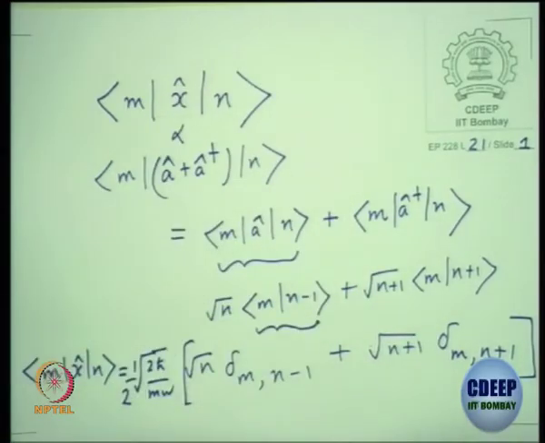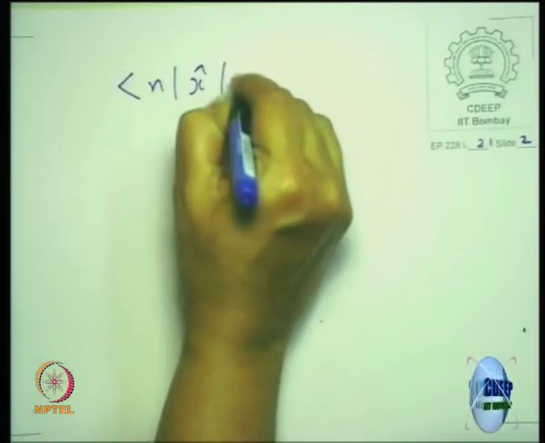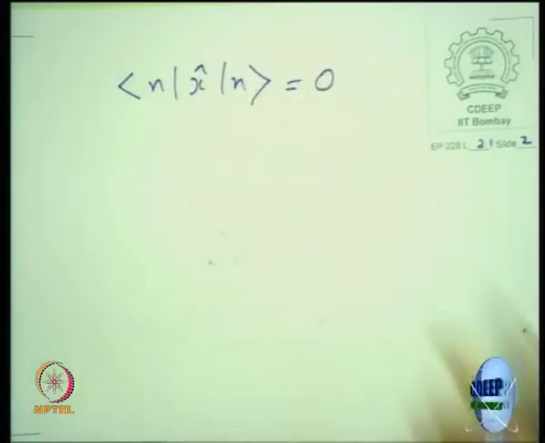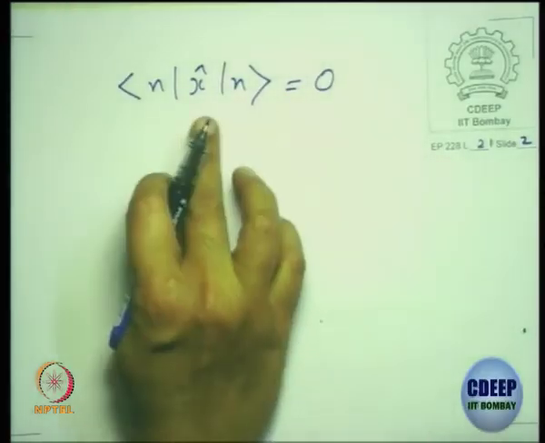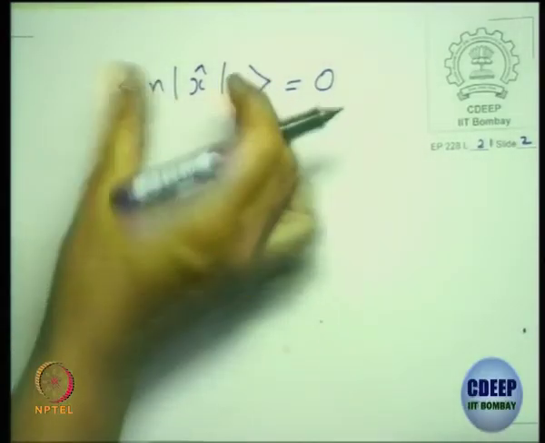What will be the expectation value of X, suppose n is equal to m? It is 0, right? If I ask you what the expectation value of the X operator is, you can blindly say it is 0, because A will take n to n minus 1, A dagger will take n to n plus 1, and the inner product will always be 0.